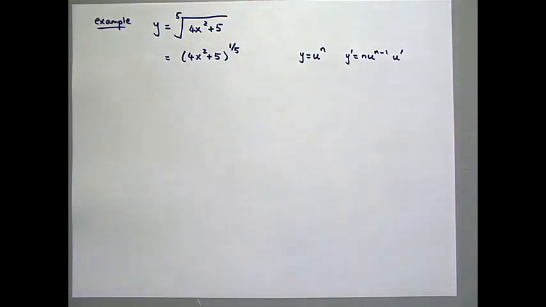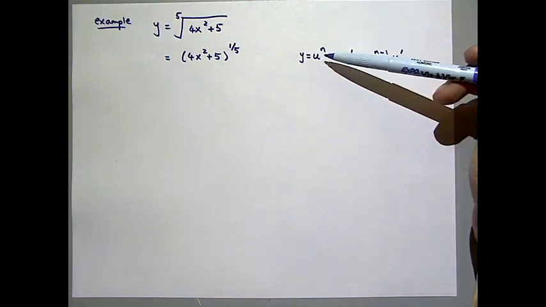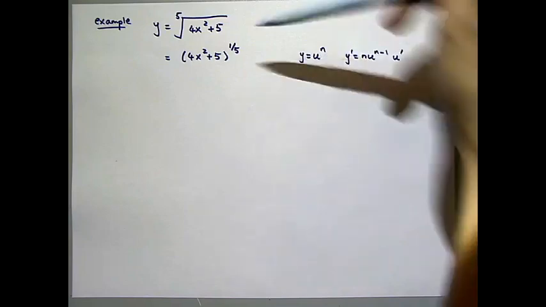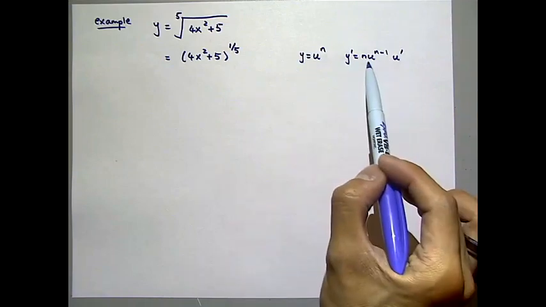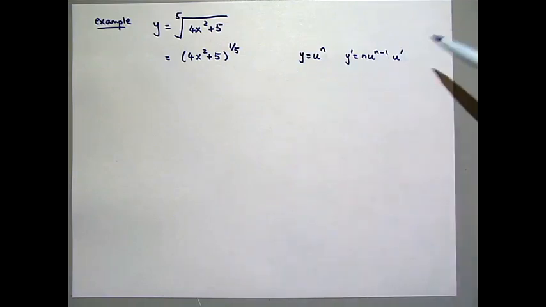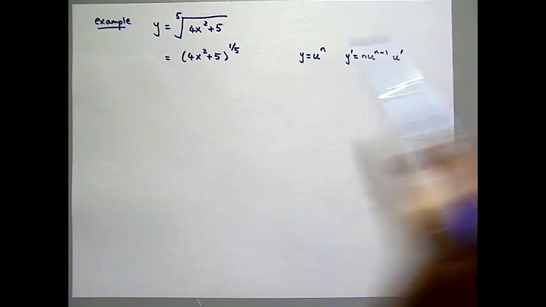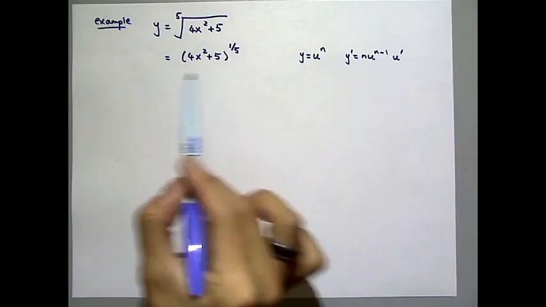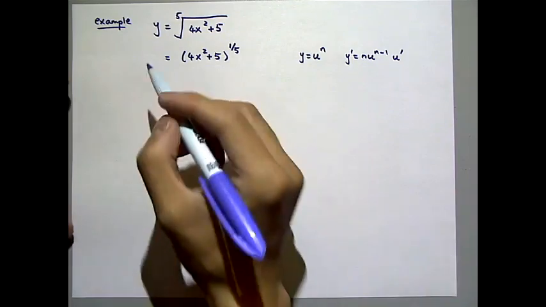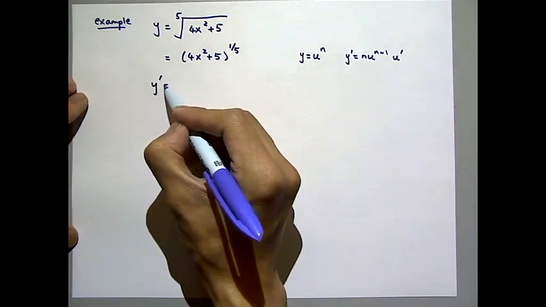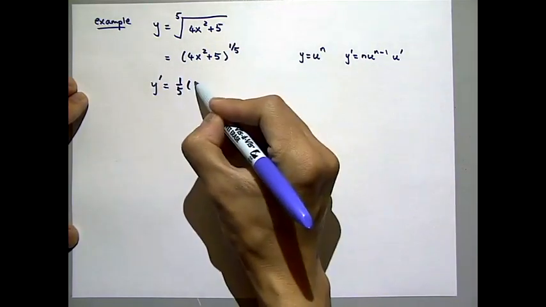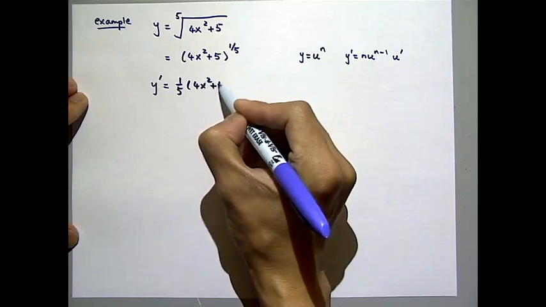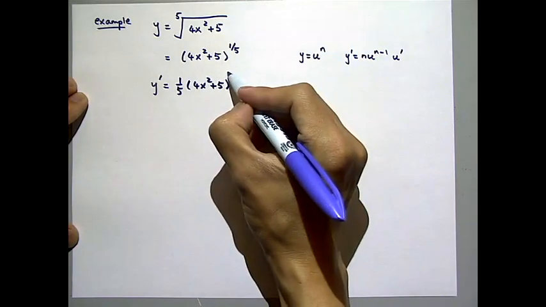Okay, so that last form of the chain rule that we looked at on the last page, if y is some function u to the power of n, y prime is: bring the power down, keep that u, reduce the power by 1, and then the derivative of u to account for the fact that this is not just a plain old x. So y prime, therefore, according to the rule, bring the power down, keep all of that stuff, reduce the power by 1.